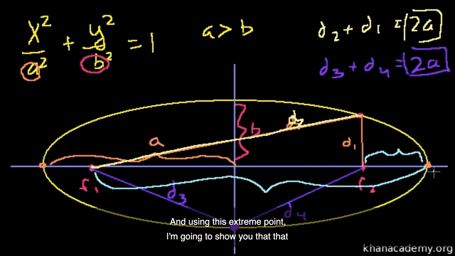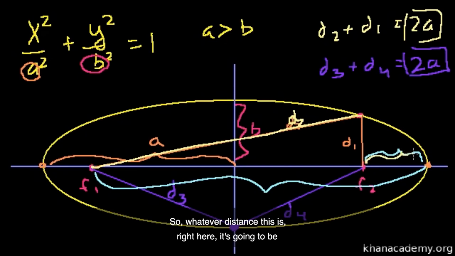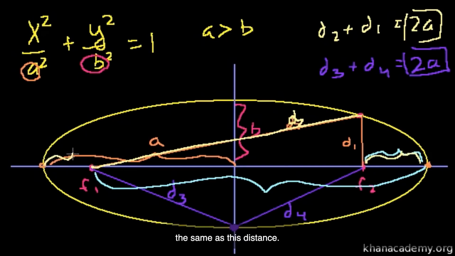And using this extreme point, I'm going to show you that that constant number is equal to 2a. So let's figure out how to do that. One thing to realize is that these two focus points are symmetric around the origin. So whatever distance this is right here, it's going to be the same as this distance right there, right?